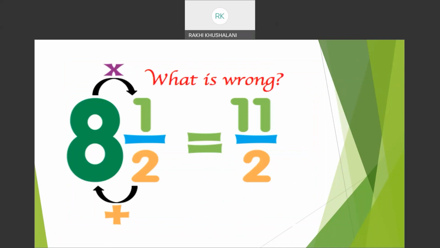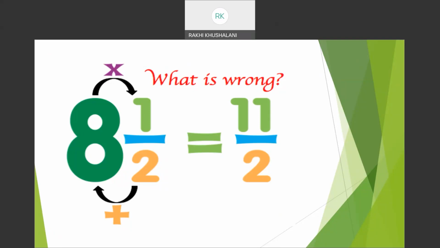Now see here children, what mistake we most prominently make is we add everything. We do it the wrong way around. Either we do 2 plus 8 is 10, 10 plus 1 is 11. Or what do we do? 2 into 8 is 16. We do it all mixed up, that is 2 plus 8 is 10, 10 into 1 is 10.